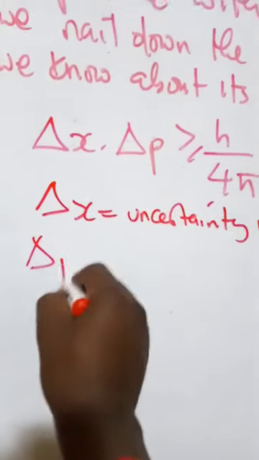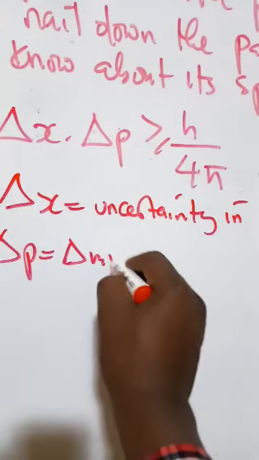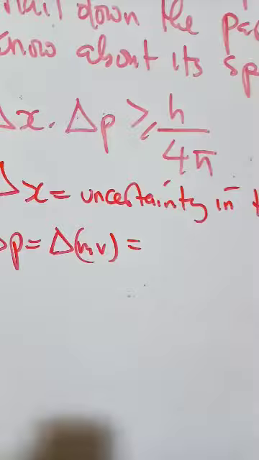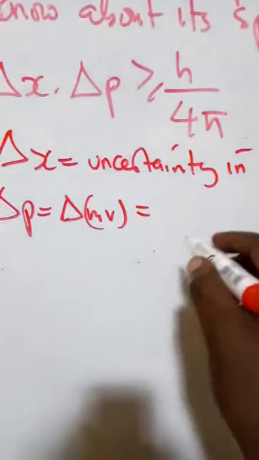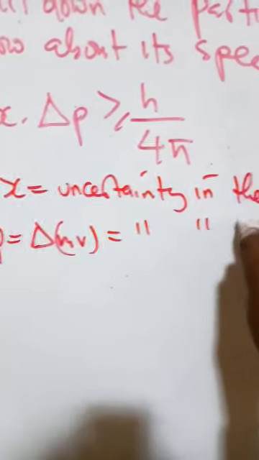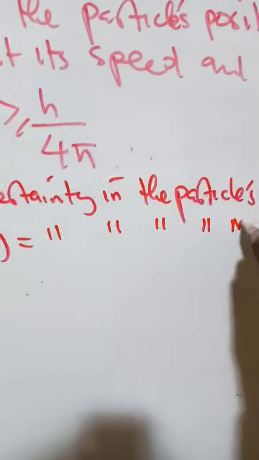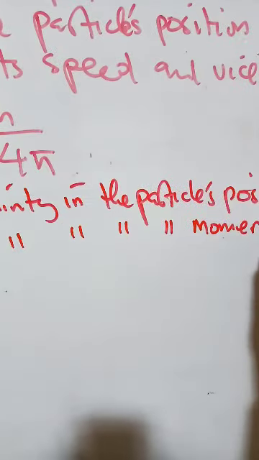Delta p, which is the same as delta mv, that is mass times velocity, which is momentum. So delta p is the uncertainty in the particle's momentum.